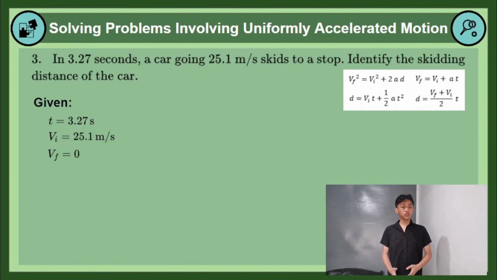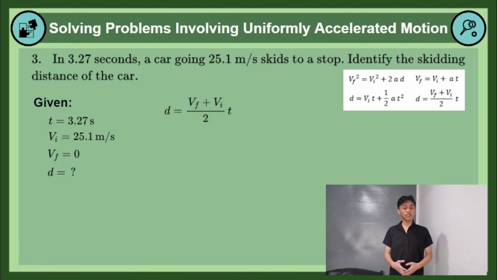Based on the given, choose the appropriate formula to be used. And since the distance or displacement is the missing value, distance is equal to final velocity plus initial velocity divided by 2 times time is the appropriate formula to be used in this problem.